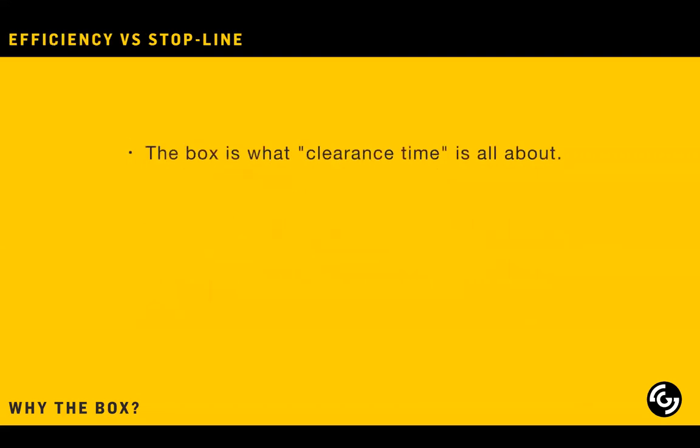And what I mean by efficiency: by default, when we're considering bicyclists in the intersection, what we look at with the California MUTCD, for example, is clearance time, or the clearance interval. That clearance interval is about the box. It's the time that it takes a bicyclist to travel from the stop line to the farthest side of a conflicting lane.